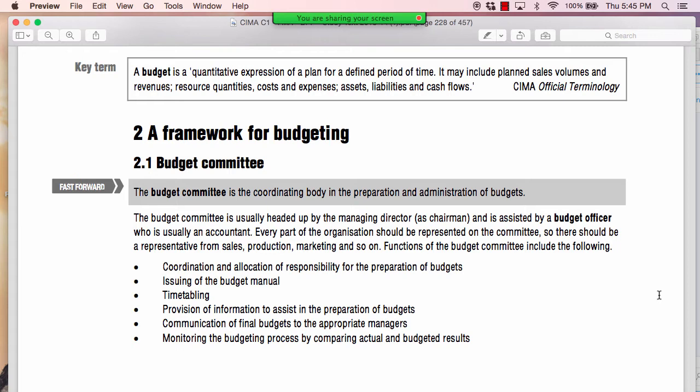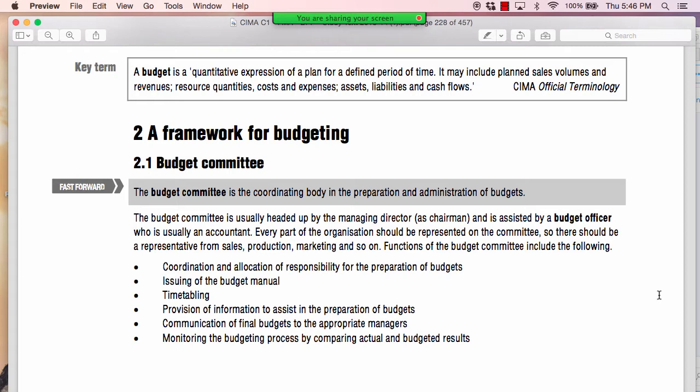And some information to assist in the preparation of the budget, communicating the final budget, and monitoring the budget process by comparing the actual to the budgeted results. So, as you can see, they are a mix of people from different parts of the organization, and they will help you basically to bring the budgets together.